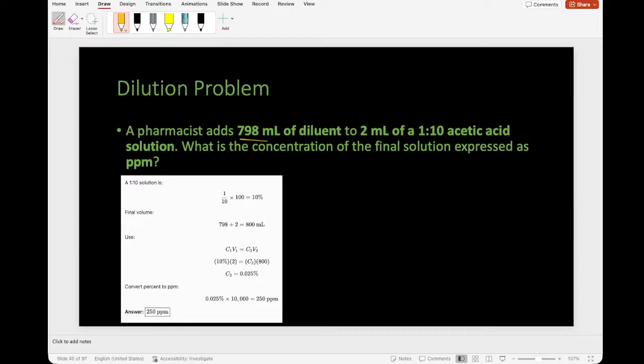Obviously, when you add this with this, you make 800 milliliters, so we know that much of the final volume. And we have 1 of 10, and I'm not sure where they're getting that 10% from, but let's see.